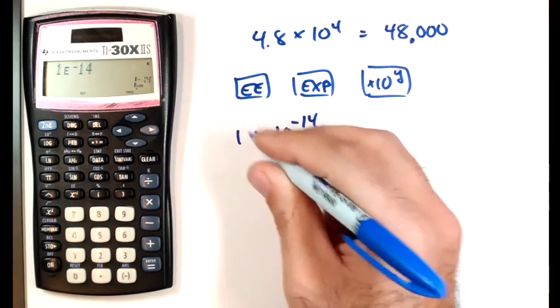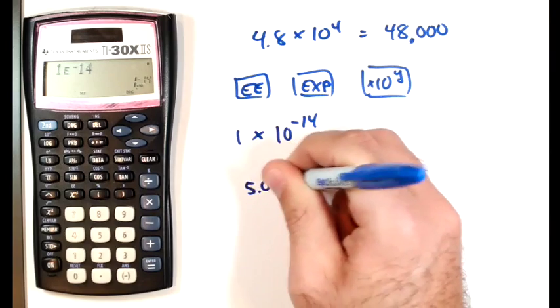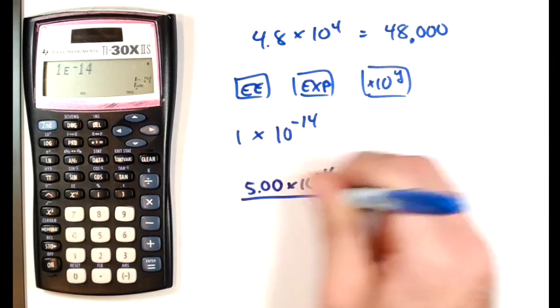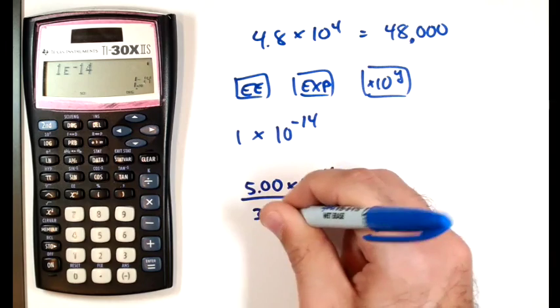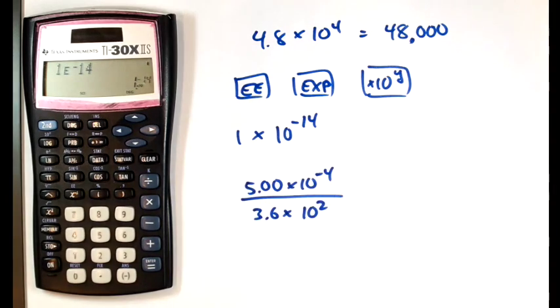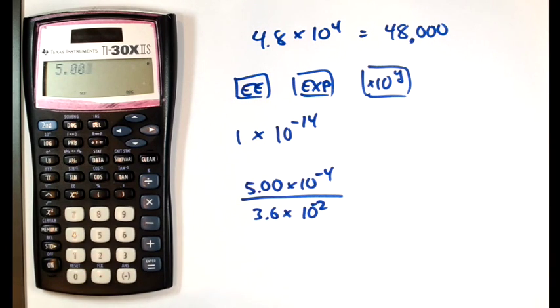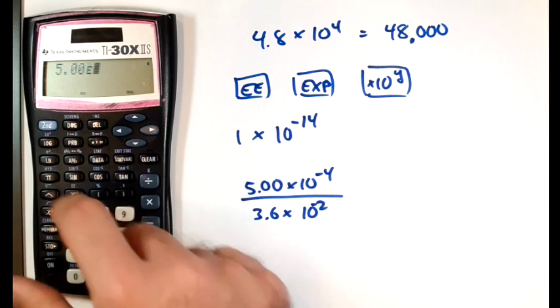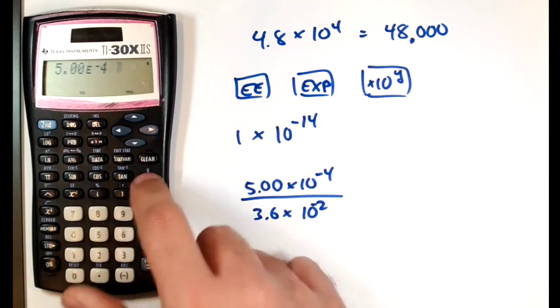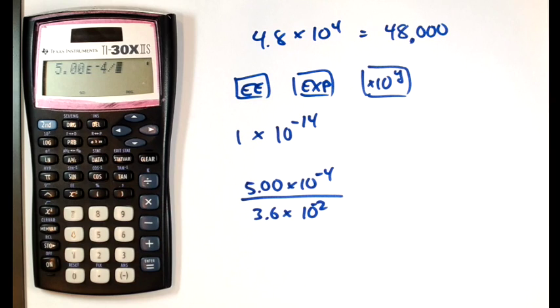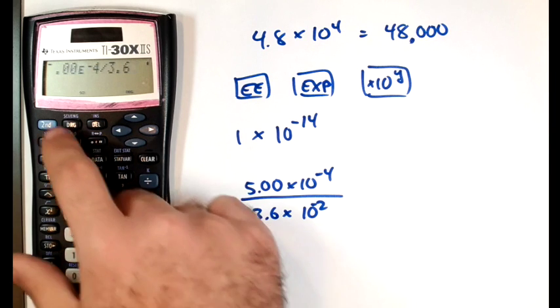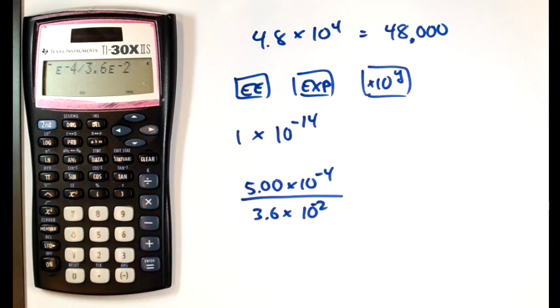And so, for instance, if I have a calculation like this, 5.0 times 10 to the minus 4 over 3.6 times 10 to the, well, let's make it minus 2, why not? When I do this, I'm going to type in 5.00 times 10 to the minus 4, and then divide by, and notice I don't need to use parentheses or anything because the calculator understands this next thing as all being one number. 3.6 times 10 to the minus 2.